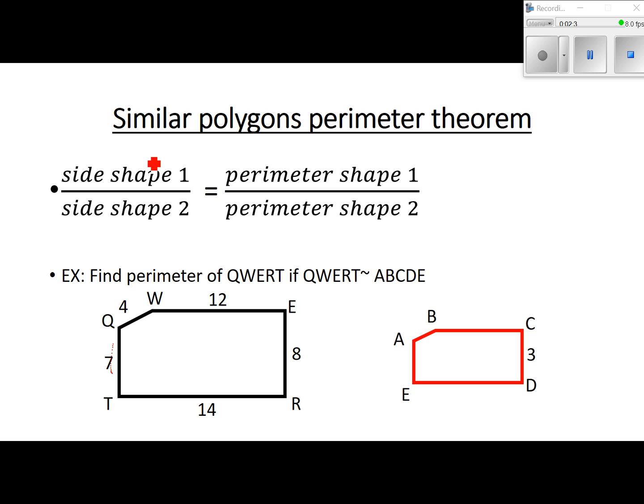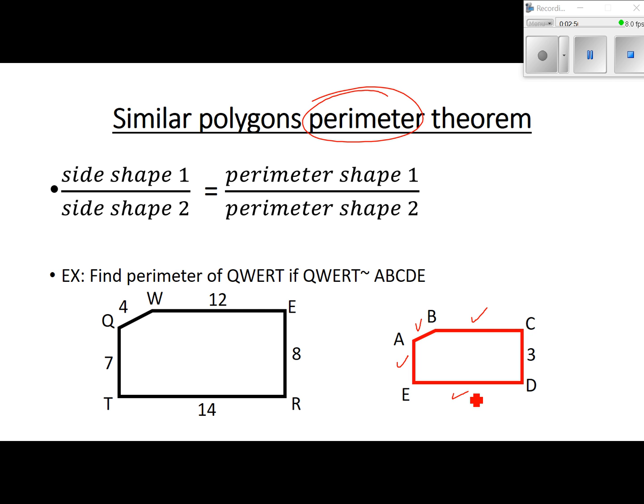The 2 theorems that we talked about, the first one is the theorem dealing with perimeter. For perimeter, you just set up this proportion, and what this allows you to do is we could go through and we could find the length of each of these sides in this pentagon here, this 5-sided shape.